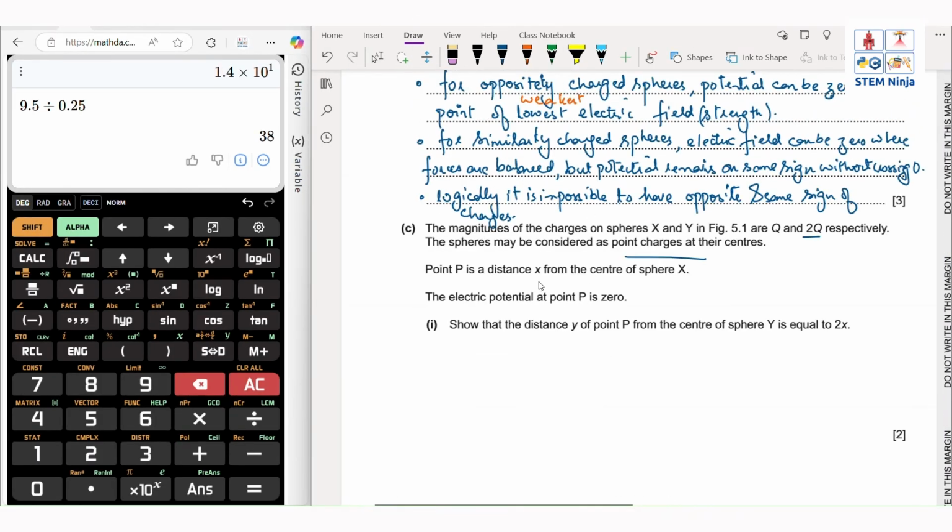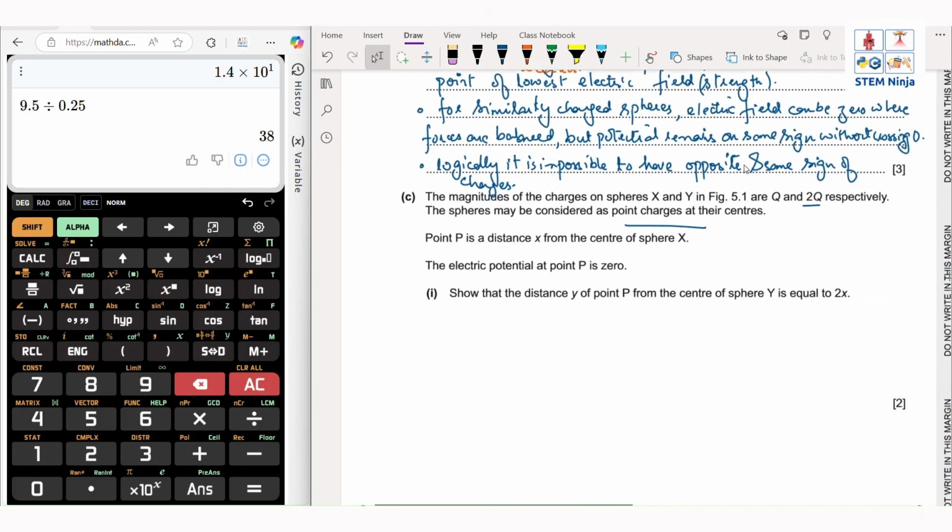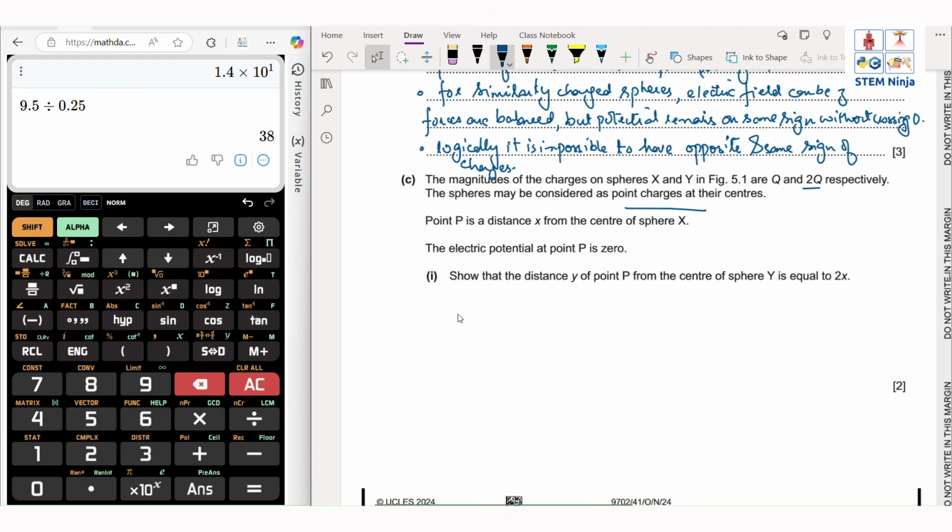They said x is the distance from the center of sphere X. So let's say this is x, and let's call this y, the distance from Y. So potential, remember, is k. We're saying these are opposite charges because the potential is going to zero.